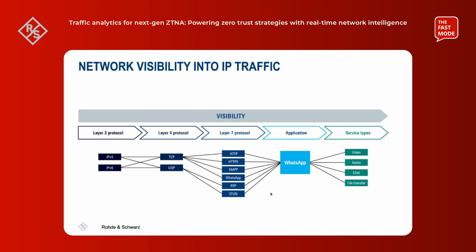We call it virtual layer 8. In this specific case, WhatsApp can be transferred over layer 7 protocols: HTTP in legacy cases, TLS or HTTPS, RTP. On top of the application, we detect potential service types or attributes such as video, audio, chat, or file transfer.